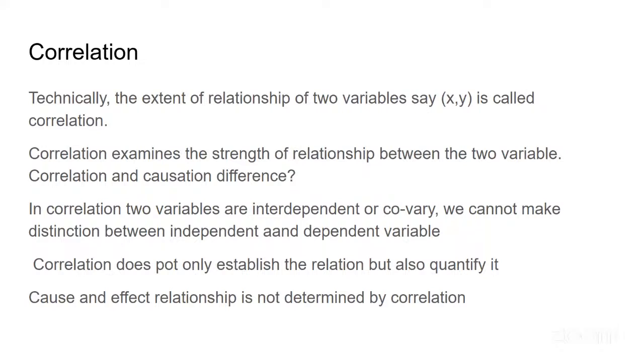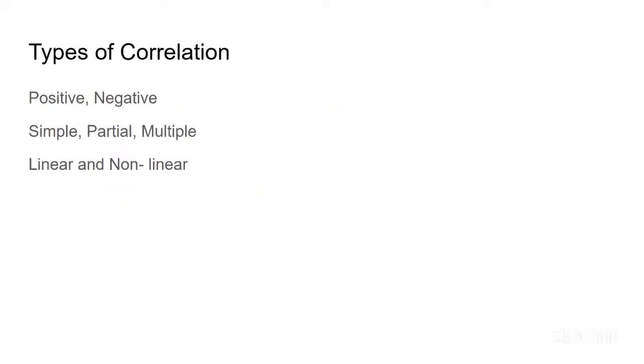So a correlation says, okay, two variables are correlated. It does not establish a cause and effect relationship. So it can also be said to be the degree of association between two variables.